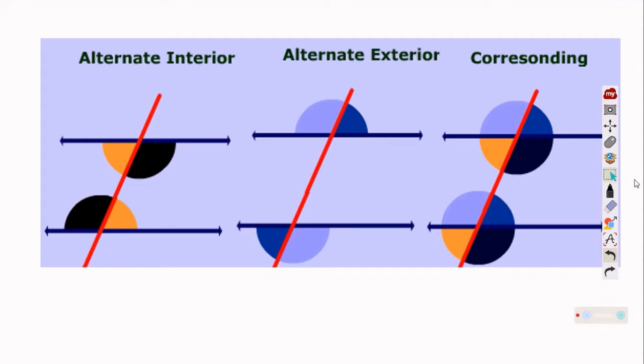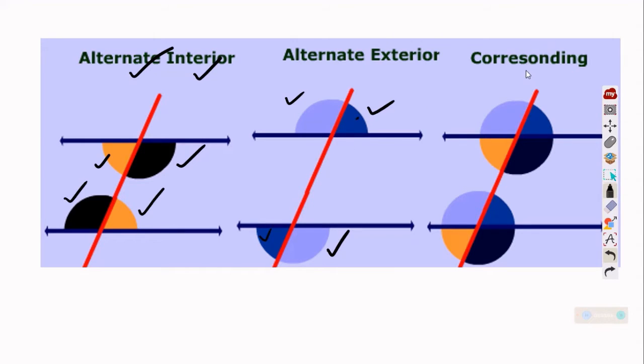As I told you, here is a set of alternate interior angles colored on either side. Here are alternate interior angles, and these are alternate exterior angles, on either side of the transversal.